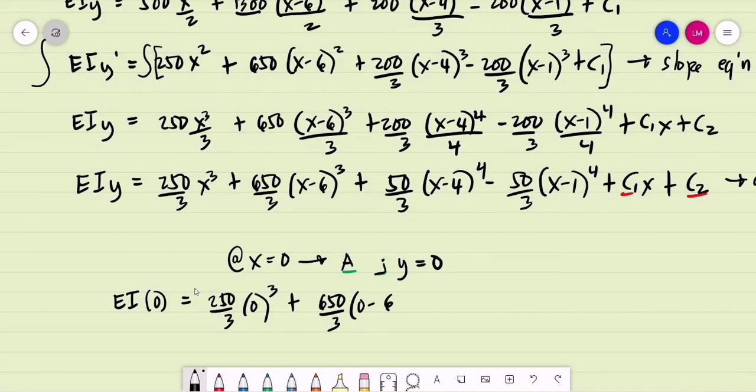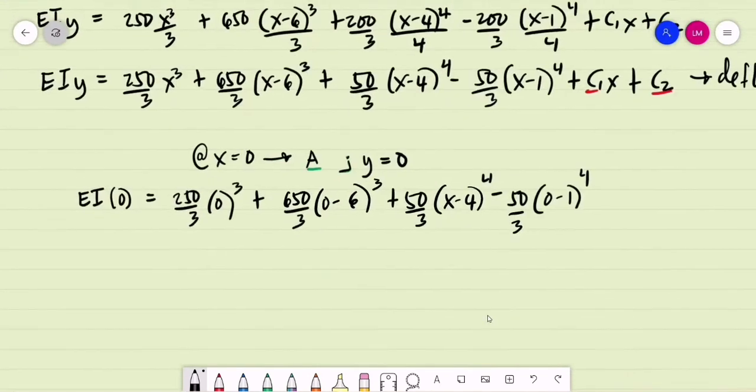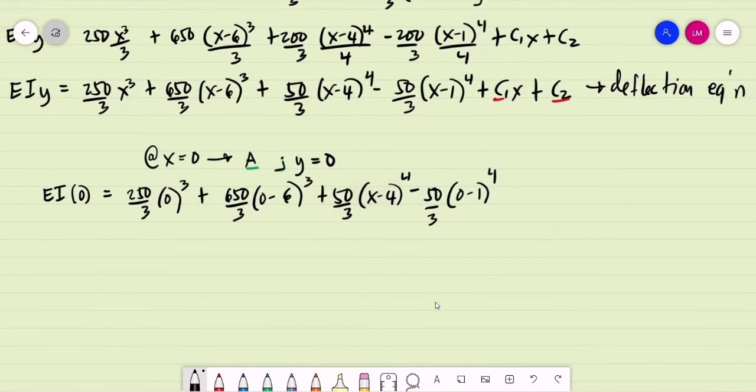This is 0 minus 6 cubed plus 50 over 3 multiplied by x minus 4. This is raised to 4. Then minus 50 over 3. This is multiplied by 0 minus 1 to the fourth. Then plus c sub 1 times 0 plus c sub 2. So we have the 0 terms. This is now 0, 0.